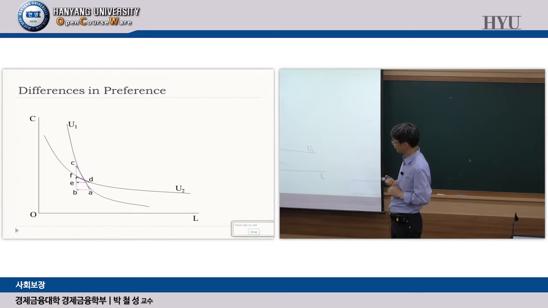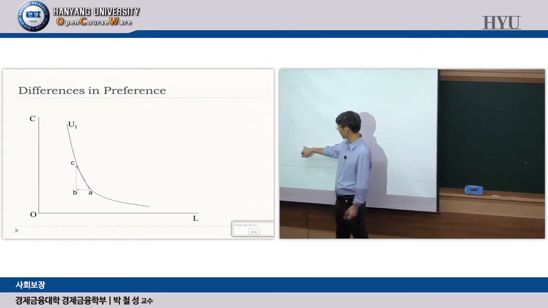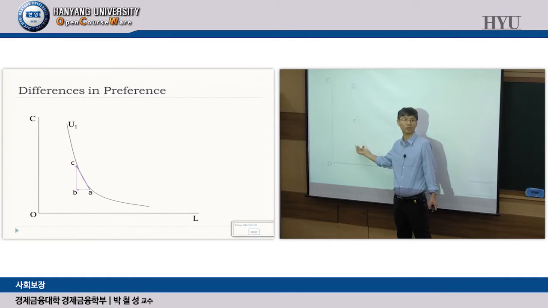Actually, I think you're right, but using this diagram, you can say it this way. Think of person 1, for example. Suppose that this person gives up leisure by this amount, A to B, the distance between A and B. Let's say this person gives up 1 hour of leisure.